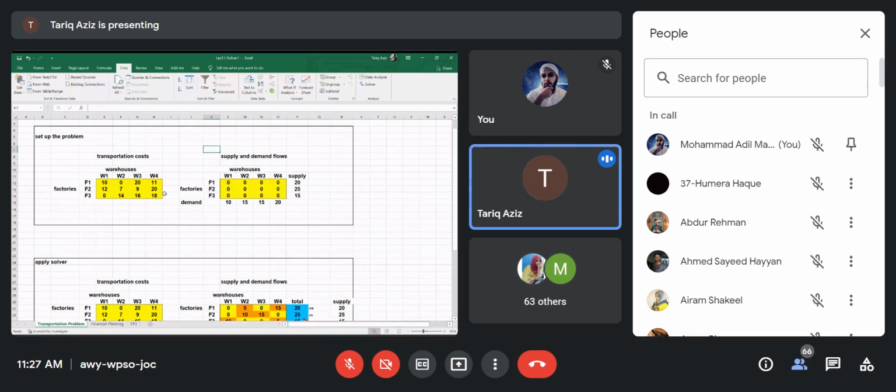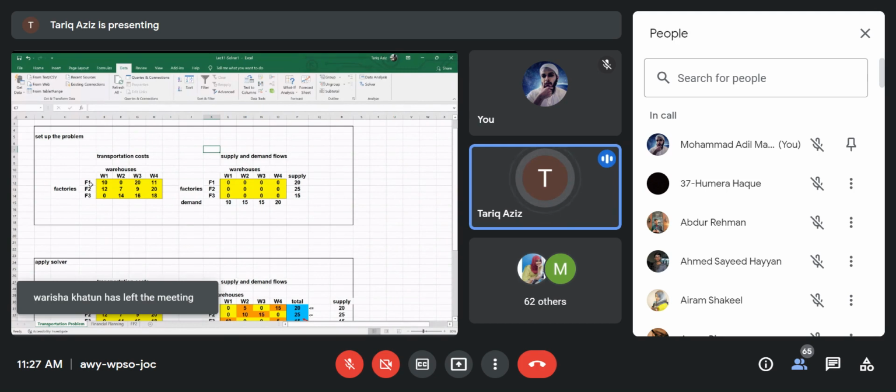Every factory has some capacity, how much output it can supply. What is the maximum supply that factory 1 can send? What is the maximum supply that factory number 2 can meet? What is the maximum supply that factory number 3 can address?